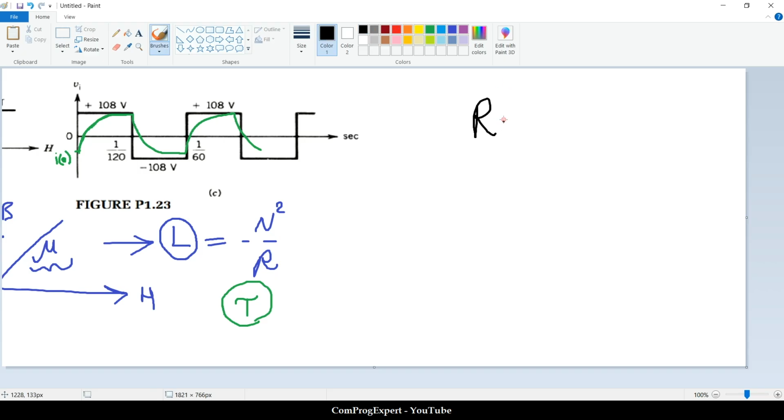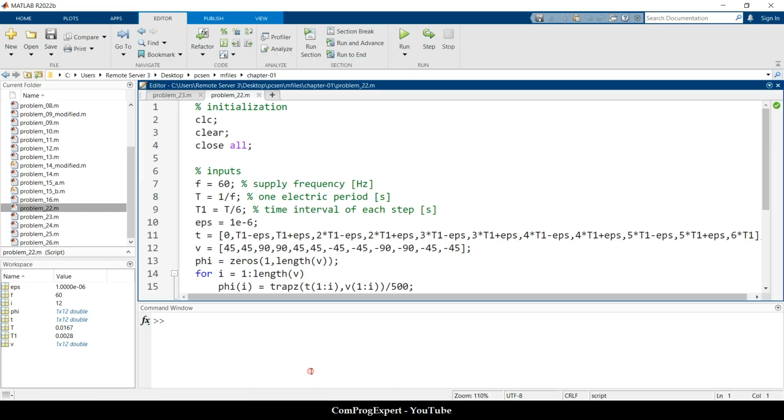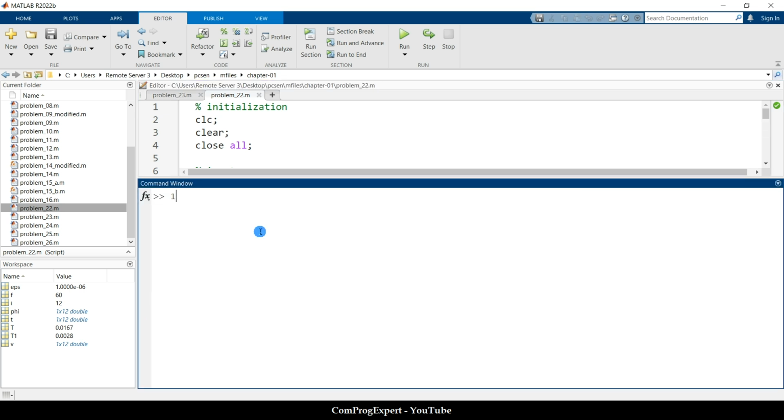For the RL circuit, the time constant is equal to L divided by R. The half of the time period here is equal to 1 divided by 60, divided by 2, right?